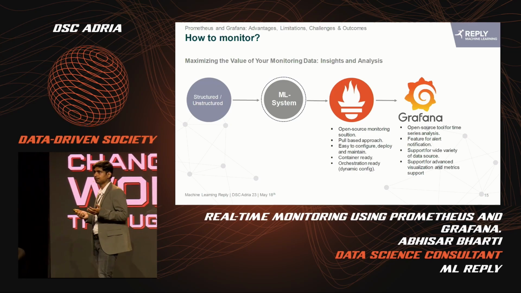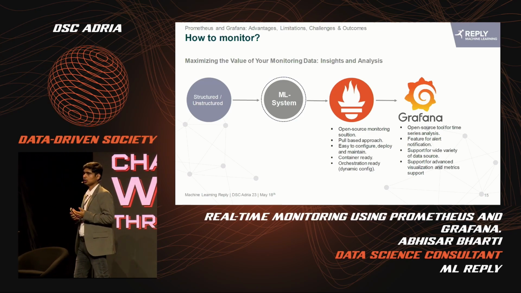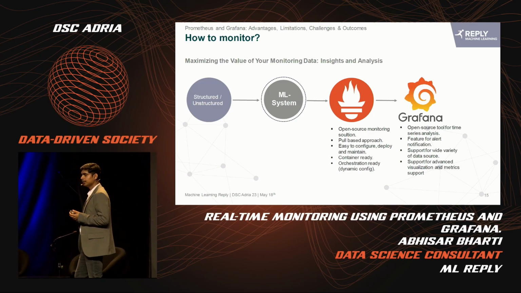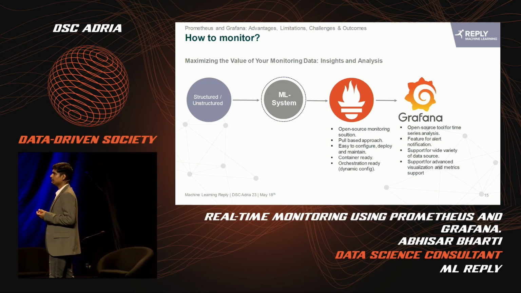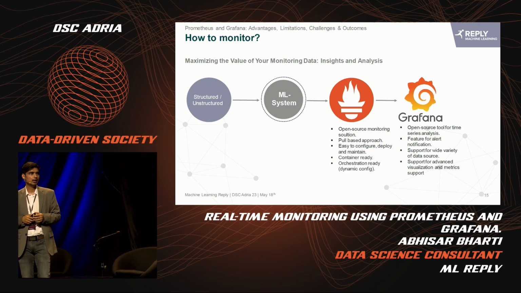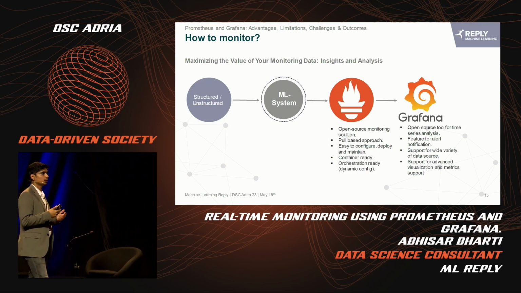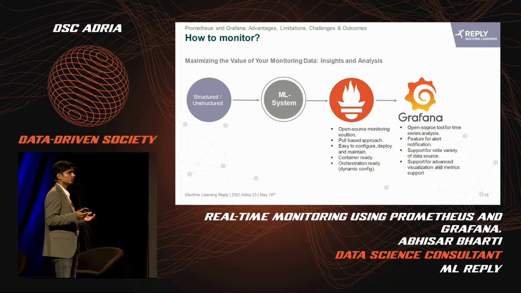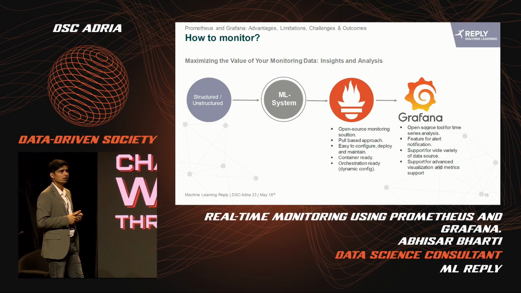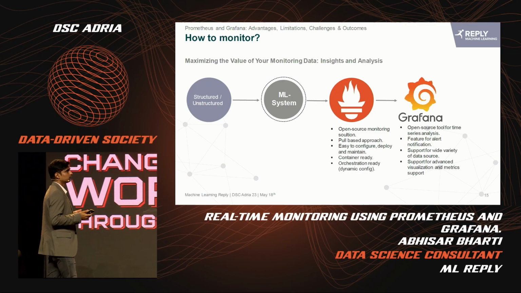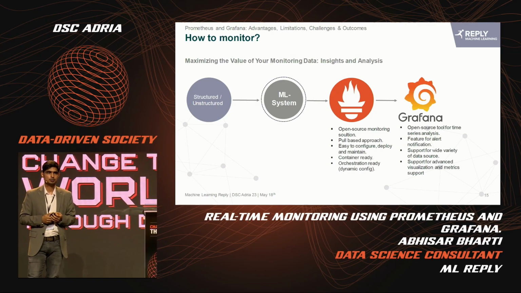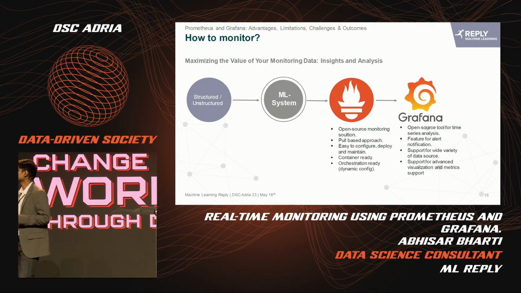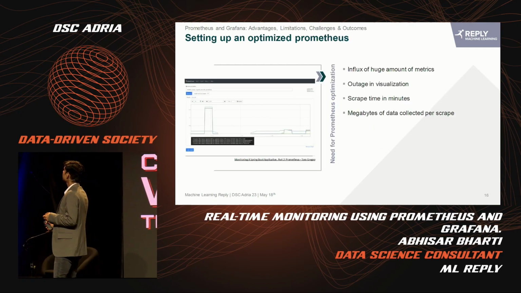And at the same time, the learning curve is also not that steep. You can start by building a small dashboard, maybe with a few panels, maybe with a few alerts, and you can keep on improving over a period of time. And I don't know, maybe from 3 to 6 months, you are well and good enough to build your own MLOps dashboard and do effective monitoring in that regard.